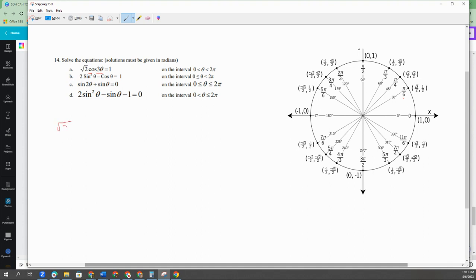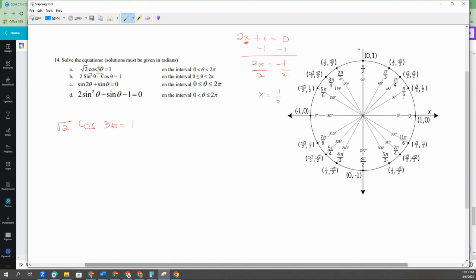So just like when you're solving a regular algebraic equation, let's say you have 2x plus 1 equals 0. In order for you to solve for x, you need to isolate x, right? You subtract 1. So 2x equals negative 1, divide by 2, divide by 2. So x equals negative 1/2. So that's how you solve for x. It's the same concept with trig ratio.